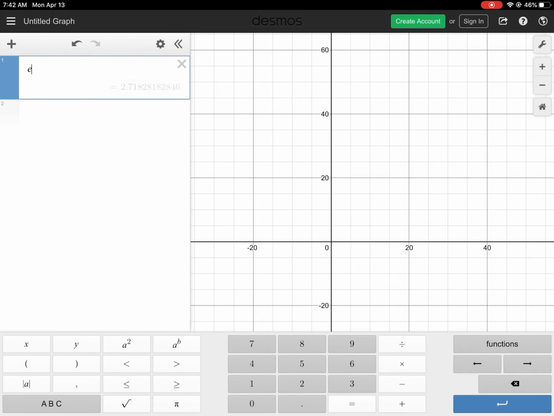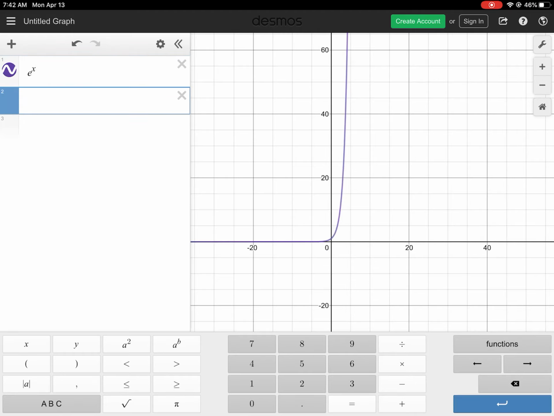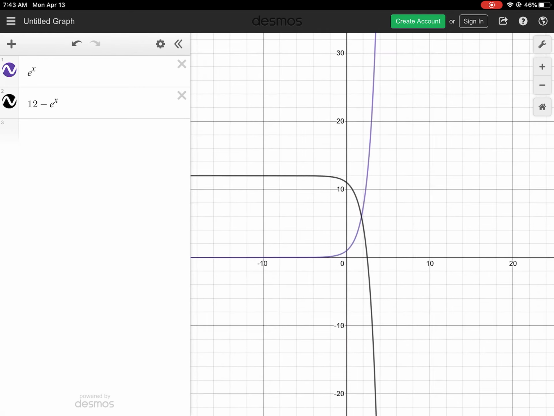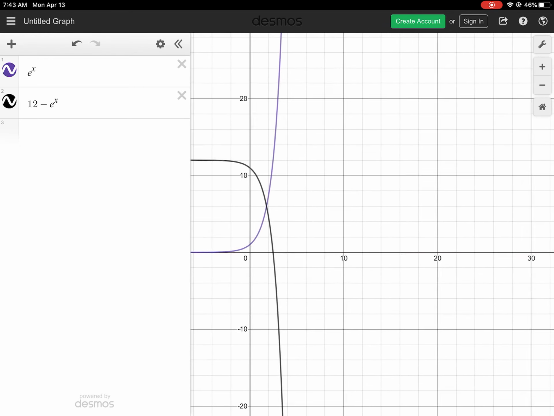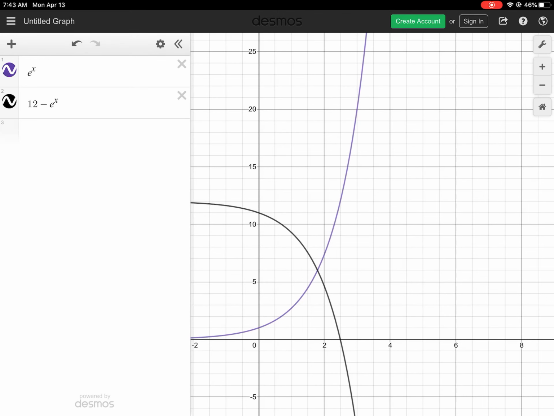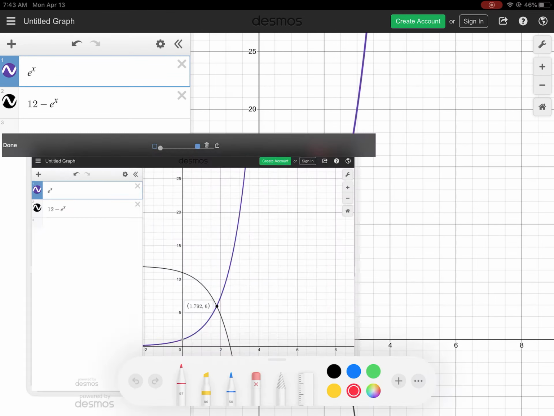I think I actually just used that, yep. E to the x. Okay, so that's the space that we need right there.